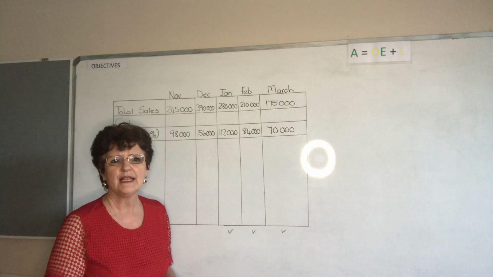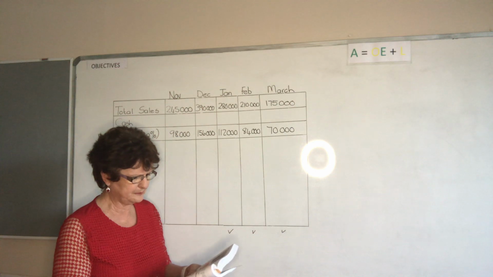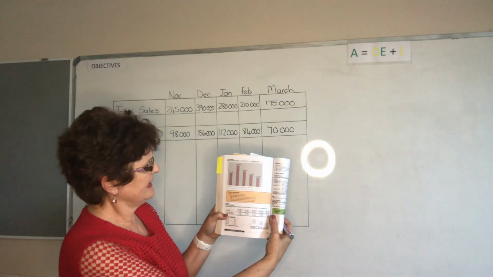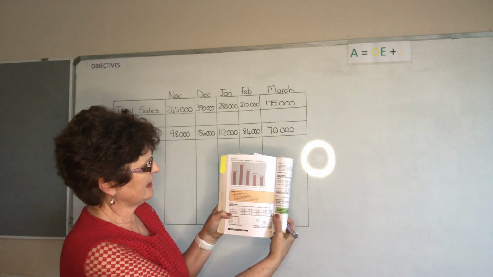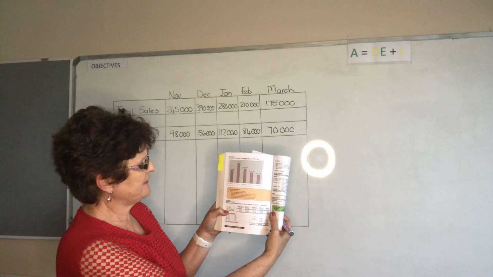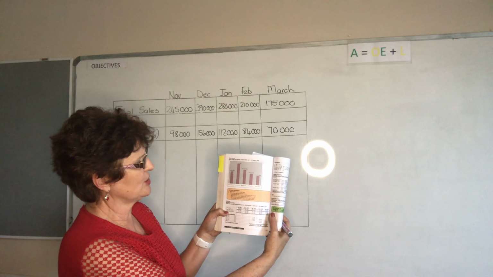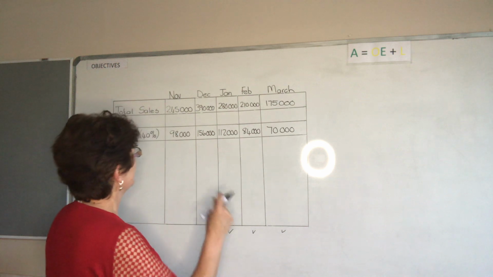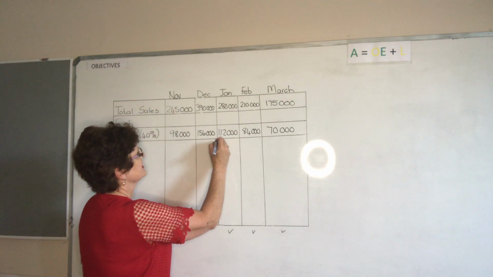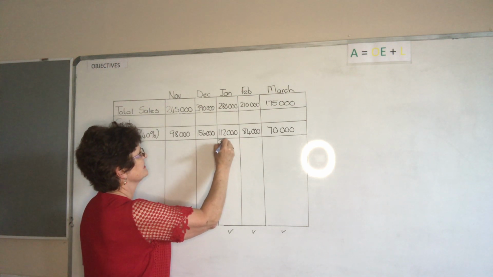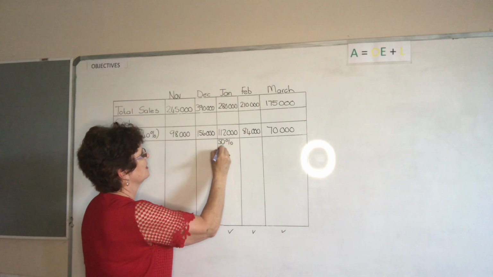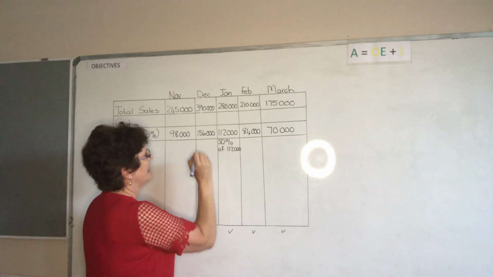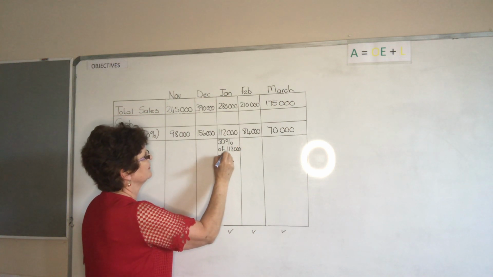Now we've got to look at what the information is further. Here in this orange block, the information is that debtors settle their accounts as follows. 50% pay within the transaction month, less 5% discount. So in the transaction month, it's going to be 50% of 112,000 and then minus your 5%.